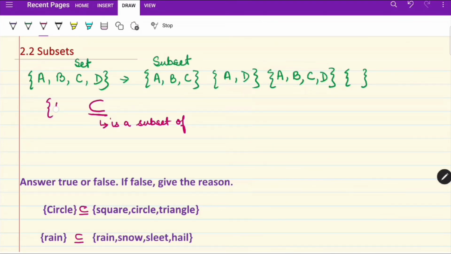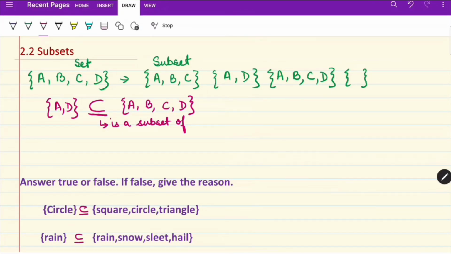In this case, I'm going to use A and D, the subset which has A and D, and then the symbol to denote subset, and then to its right, I'm going to write out the set from which the subset was created. In this case, it's A, B, C, D. So this reads as the set AD is a subset of the set ABCD.